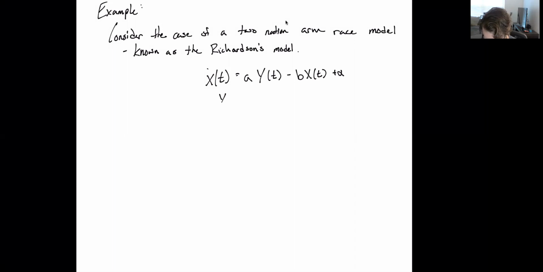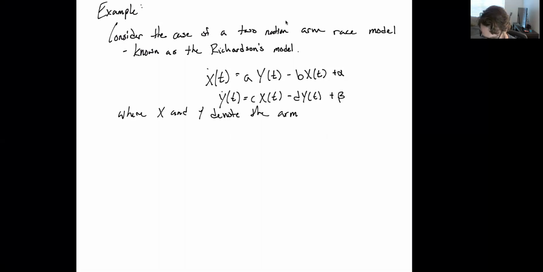And so what's interesting about this model, plus beta, okay, where X and Y denote the armament of the two nations at some time t.